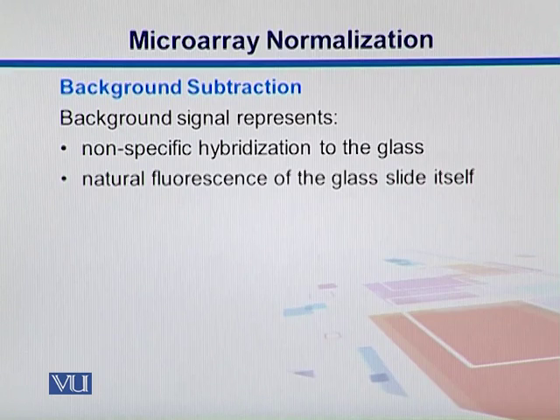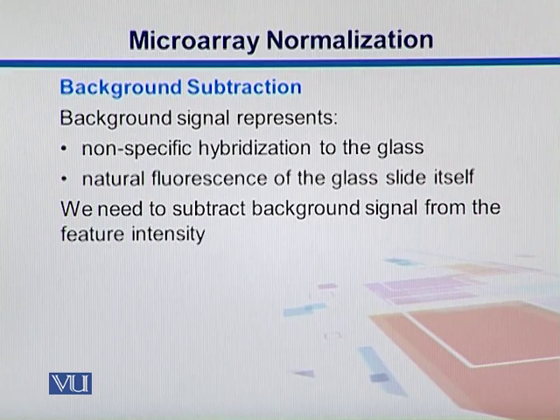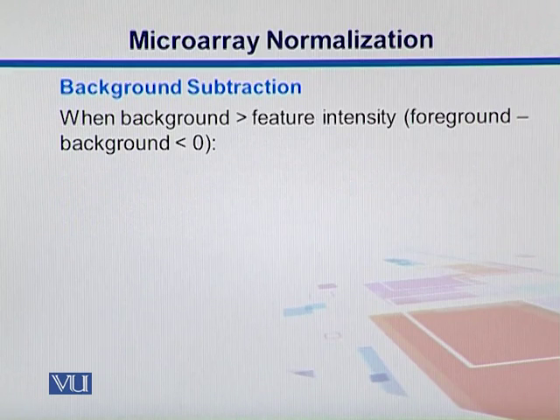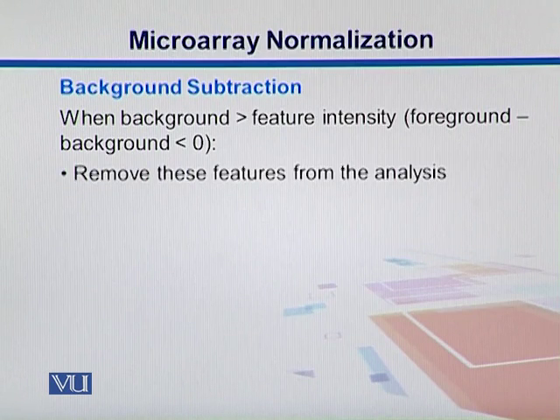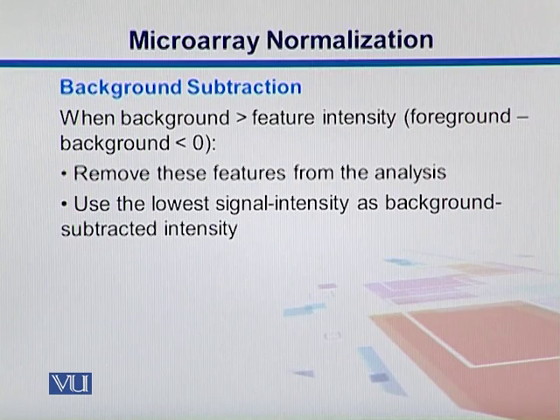What we are seeing in this slide is that we need to subtract background signal from the feature intensity. When the background is greater than the intensity, foreground minus background is less than 0, and we have to remove those features. In this way you will get a negative number. So these are your negative features.